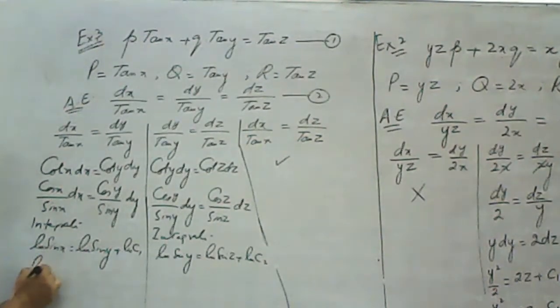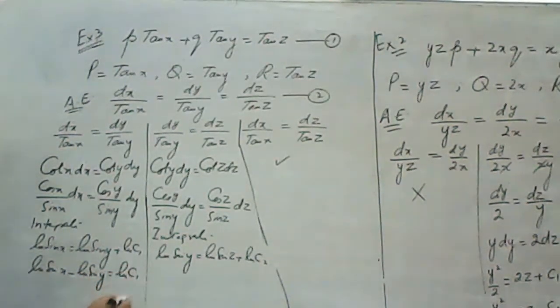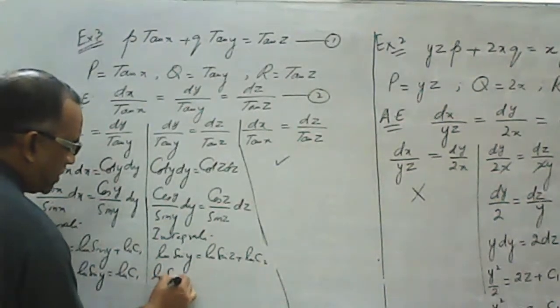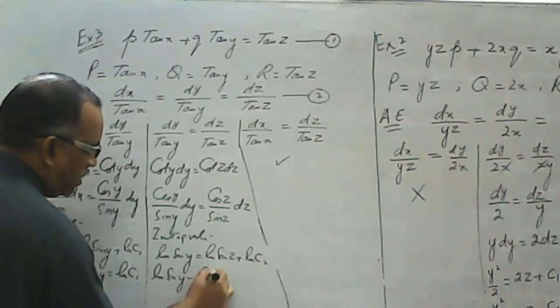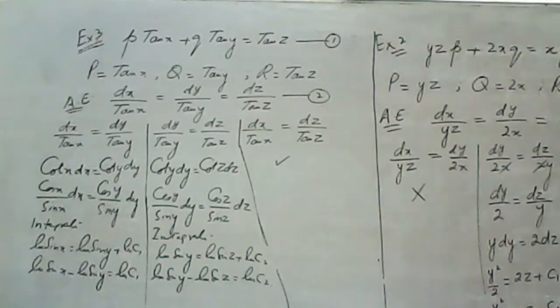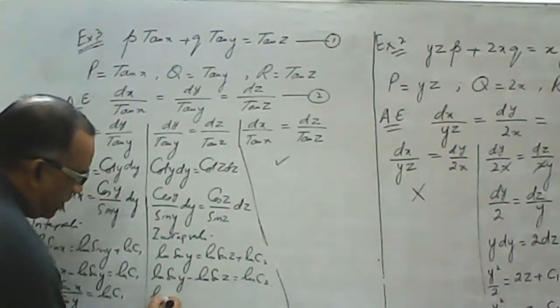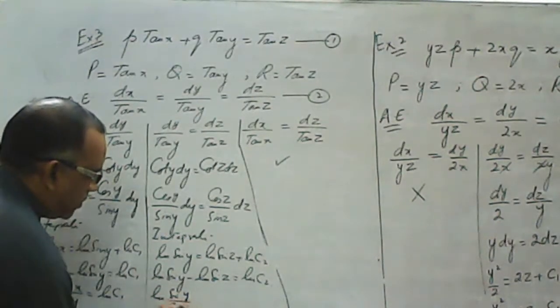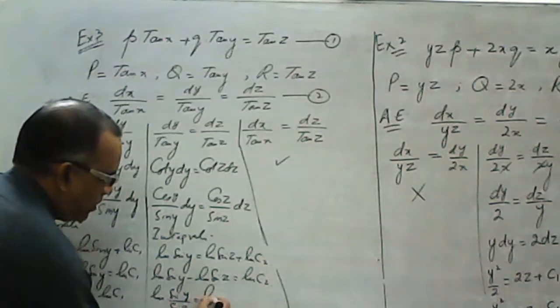It means log of sin x minus log of sin y equal to log of c1. Here log of sin y minus log of sin z equal to log of c2. So using the property of log, log of sin x upon sin y equal to log of c1, log of sin y upon sin z is equal to log of c2.